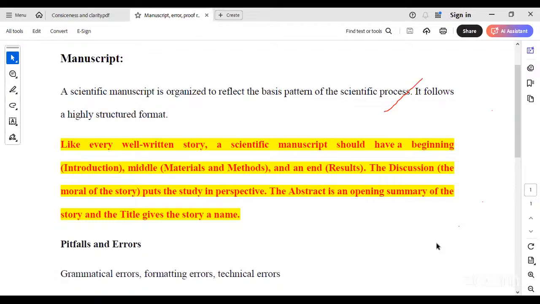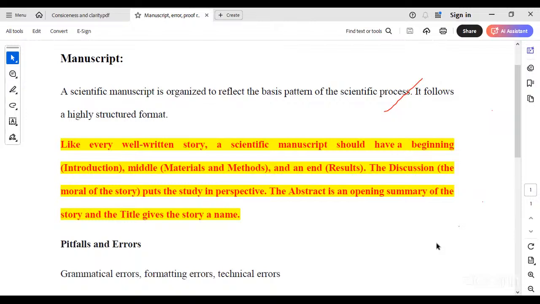Talking about a scientific manuscript, it is an organized document which reflects the scientific process. It follows a highly structured format. In every manuscript there are structural components, including introduction, methodology, results, discussion, conclusion, and references.